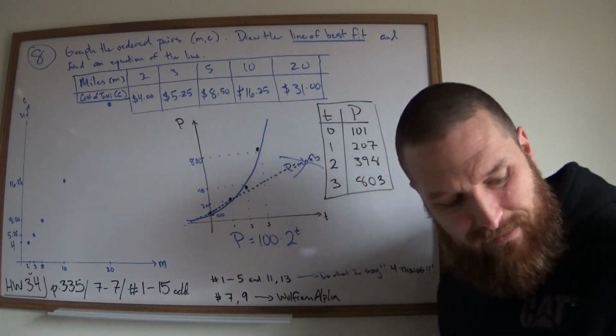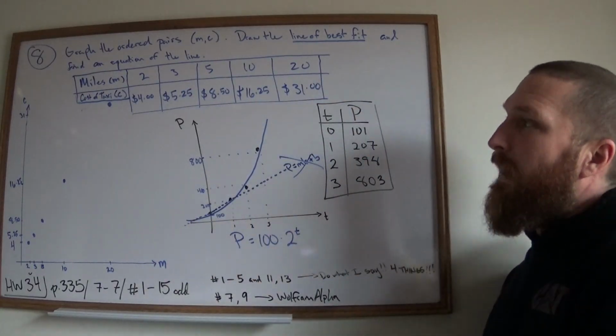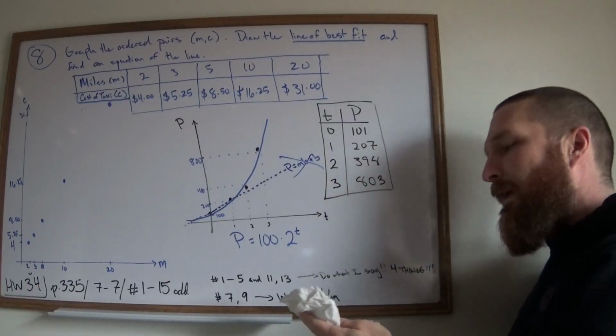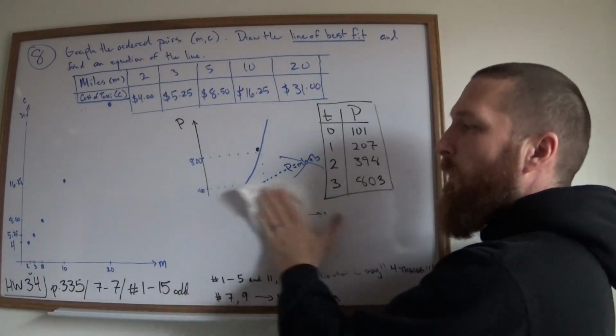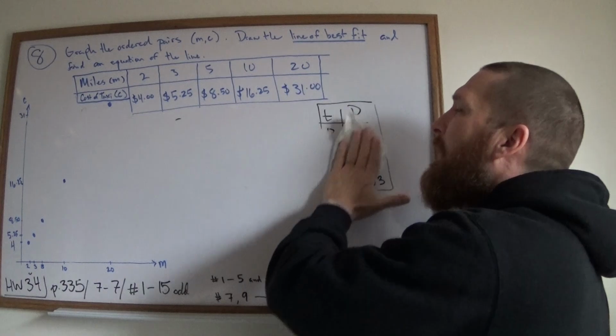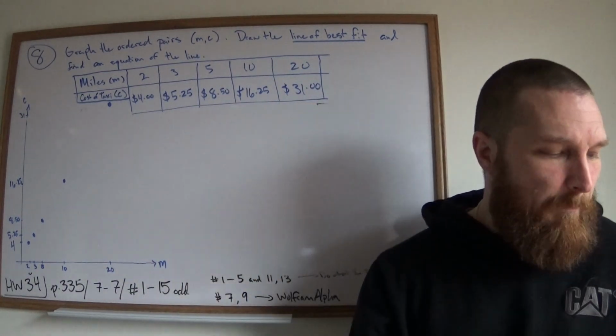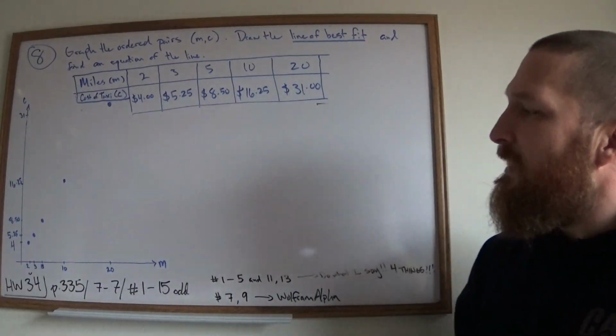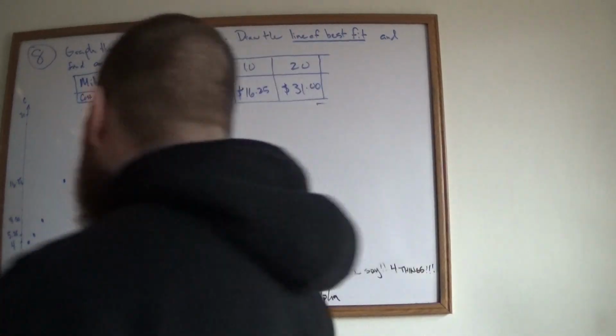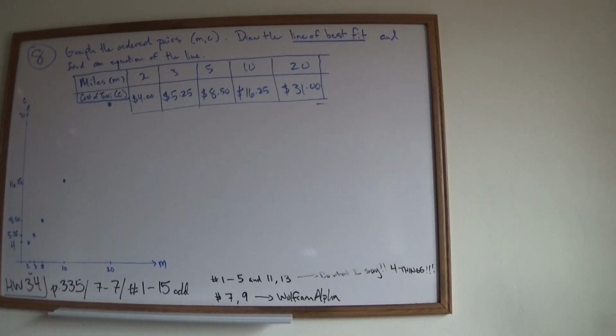This system that we're looking at, the miles and the cost of a taxi, is pretty linear. But just like data in the real world, it doesn't fall on a perfect line. As you can see, if I were to use the first 2 points here to draw a line, we would have something like this, and that wouldn't be a very good fit over here.